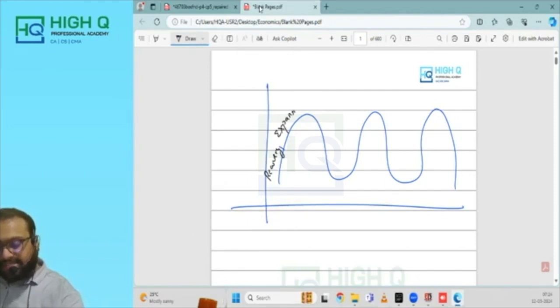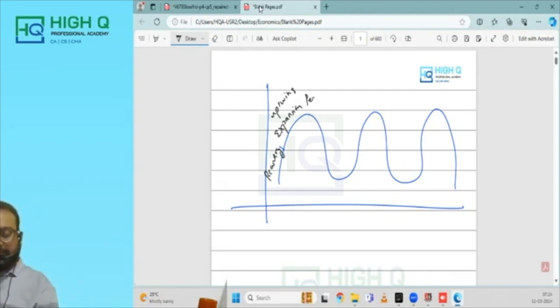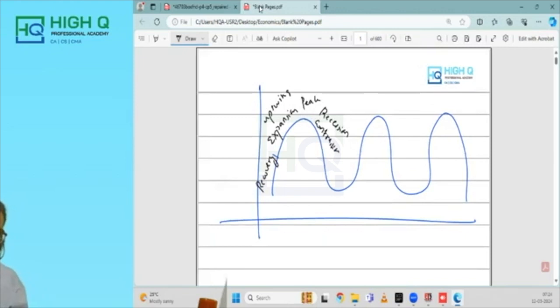Am I right or wrong? This is an upswing. Here you get the peak. Then you have your contraction, which is also known as recession. And after that, as you told, we have depression. And at the lowest point of depression comes the trough. Am I right? Am I wrong?